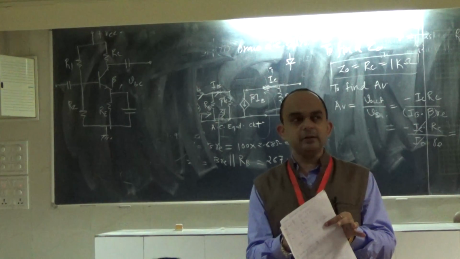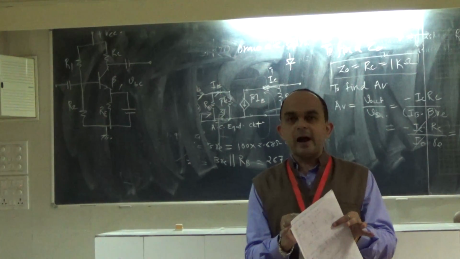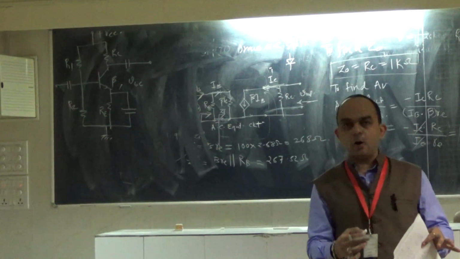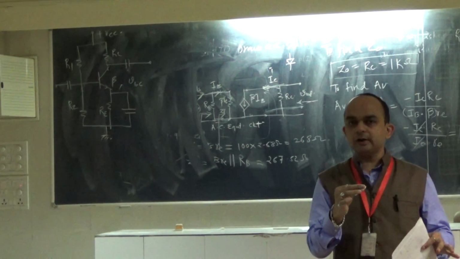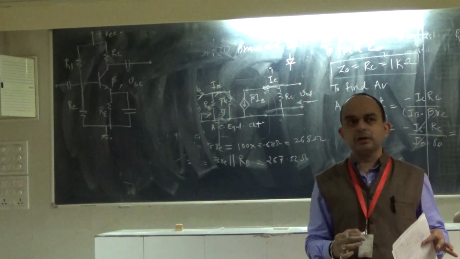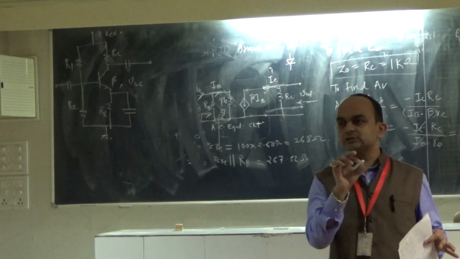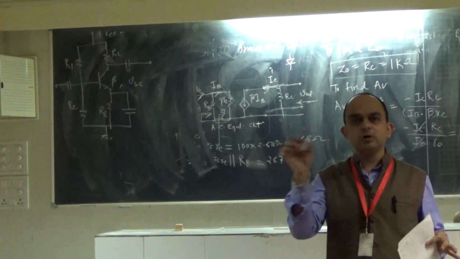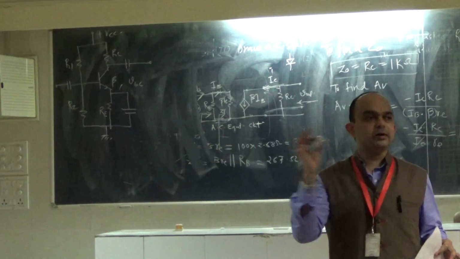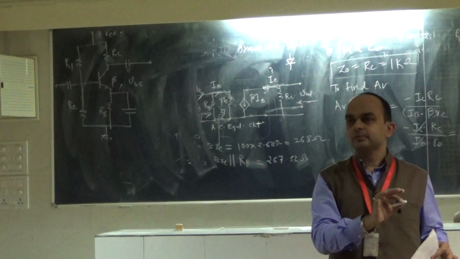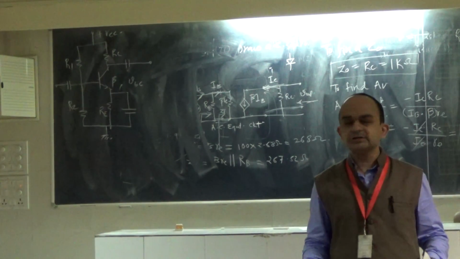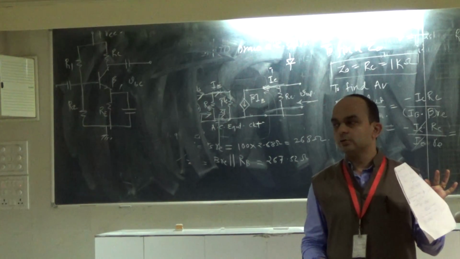You will replace the BJT by that RE model, take DC to ground, short the capacitors, and then find the parameters. Zi is the resistance seen through the input terminal, Zo is the resistance seen through the output terminal, Av is output voltage divided by input voltage, Ai is output current divided by input current. If you follow these steps, you will never be wrong.